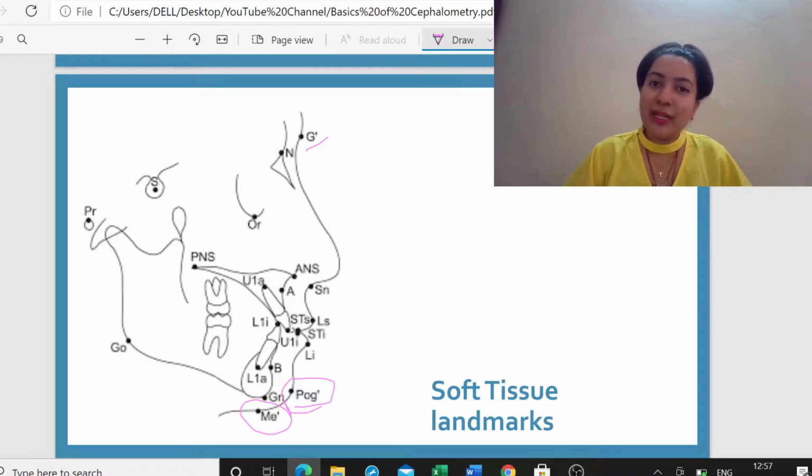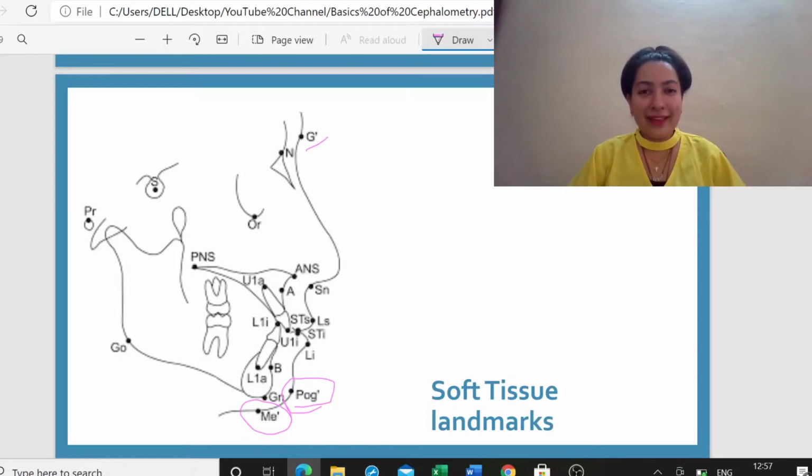And if you are an MDS or an ortho resident, you will automatically be thorough with these definitions because you will be doing analysis for each and every patient. More patients, more analysis, so you are in and out thorough with all your hard tissue and soft tissue landmarks, all your planes and analysis, definitions, everything. So keeping in mind our entrance examination, let's move on.